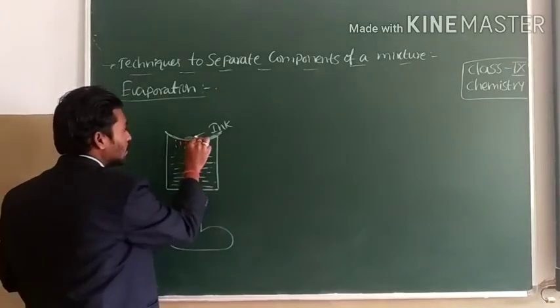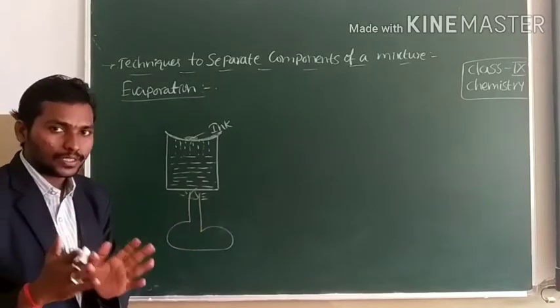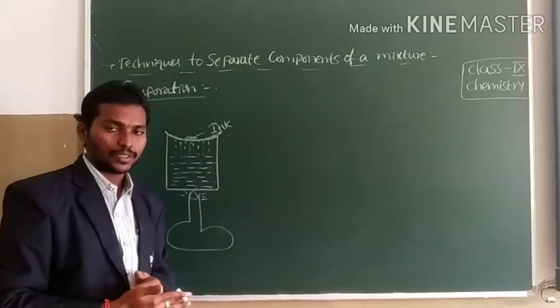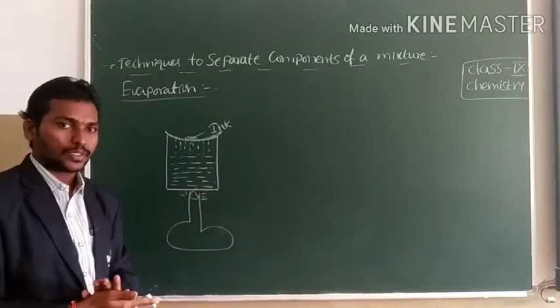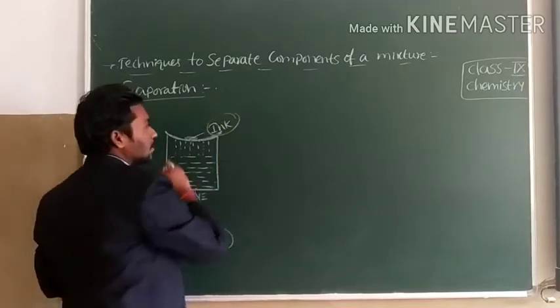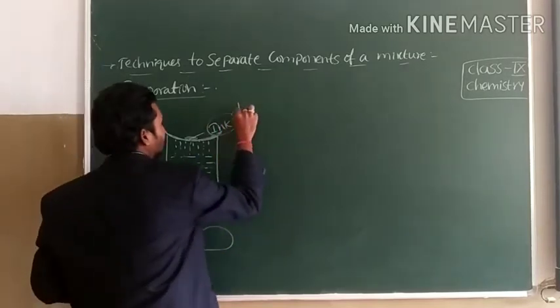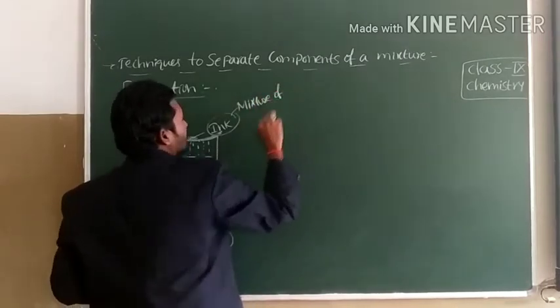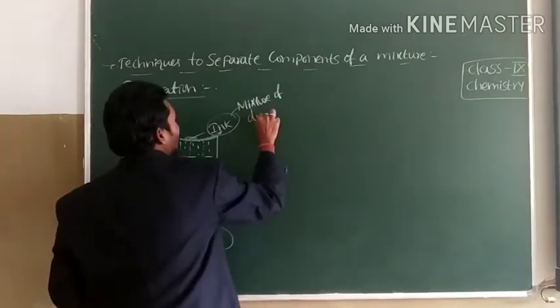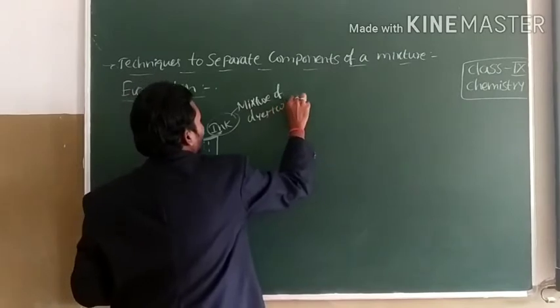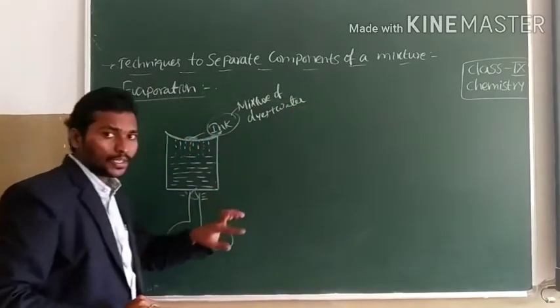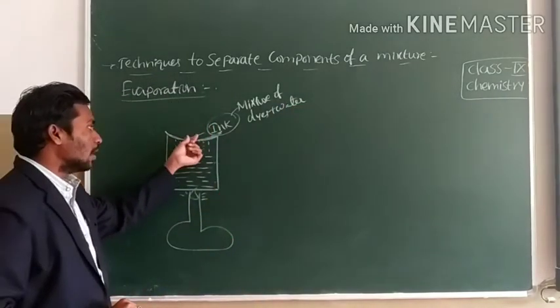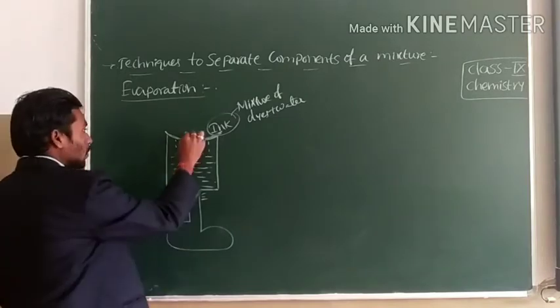The ink is made up of different dyes and water, children, because ink is not a single substance. Ink is a mixture of different dyes and water. On heating, the water evaporates from the drops of ink.